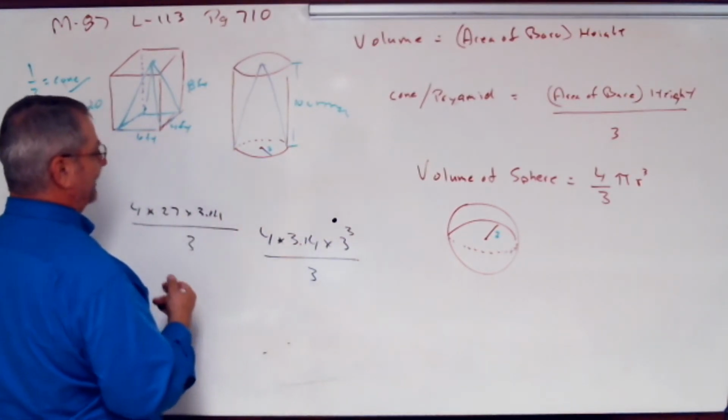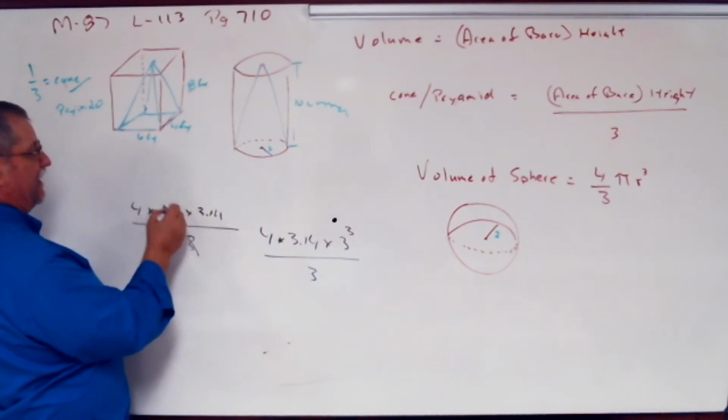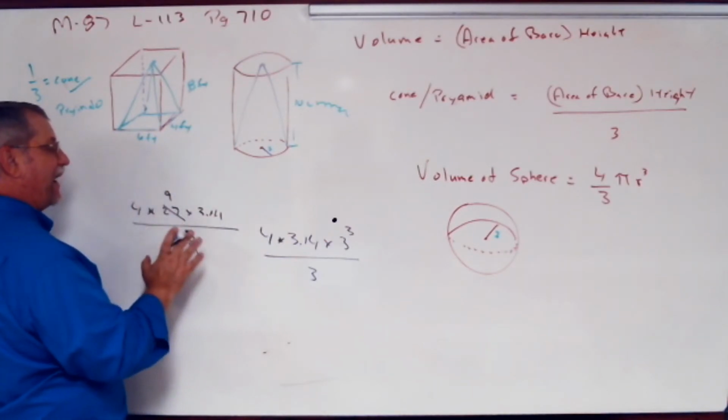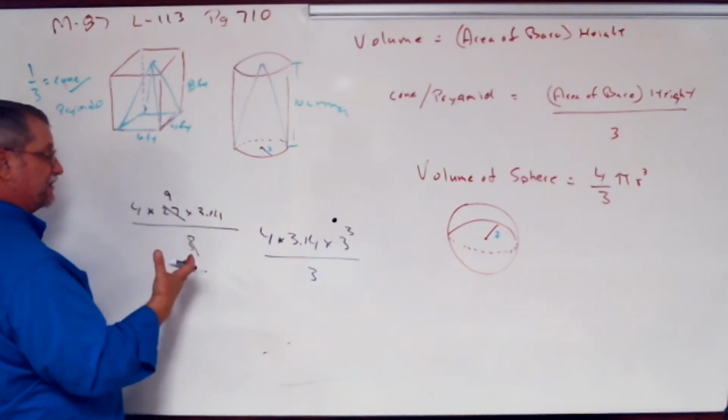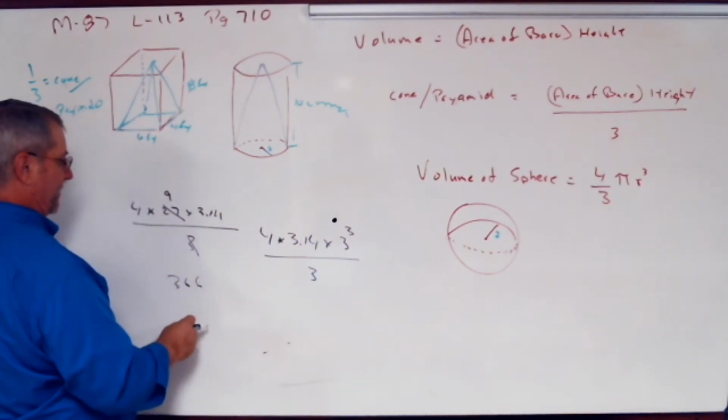I want to simplify things, make things easier to do. I'm going to cross cancel, okay? 3 goes in here once, 3 goes in here 9 times. Now my work is less. My numbers are smaller. 4 times 9 is 36.